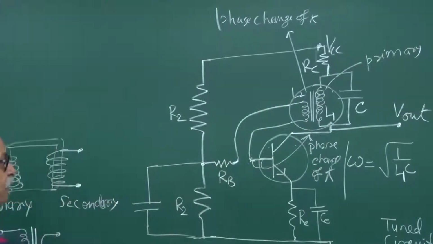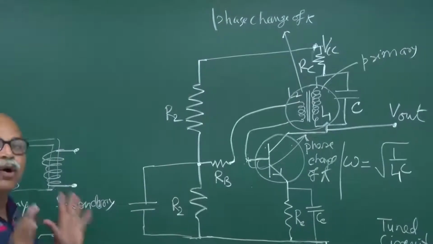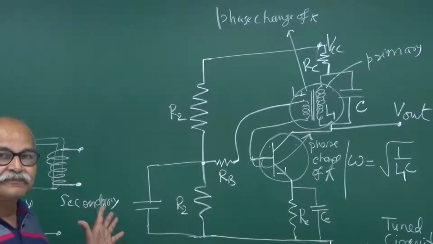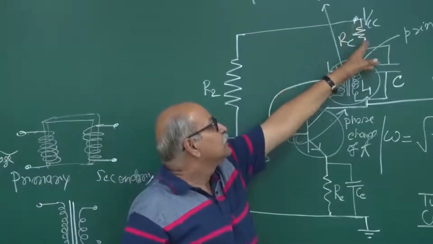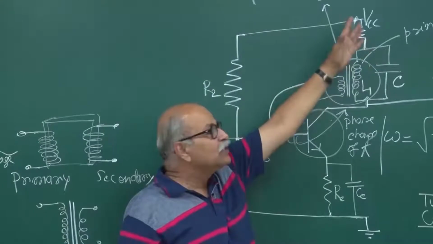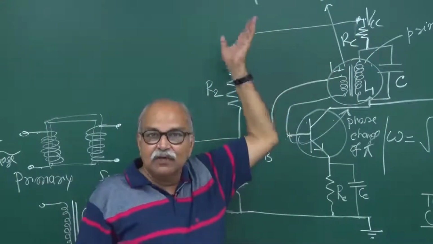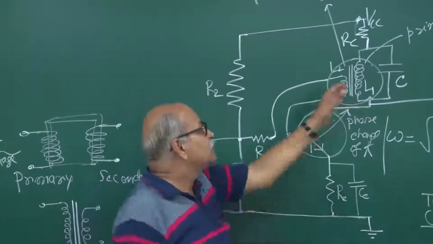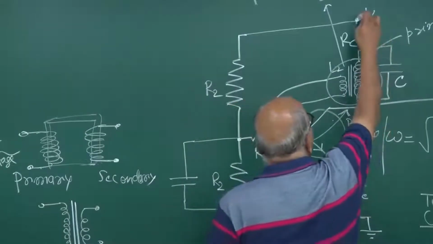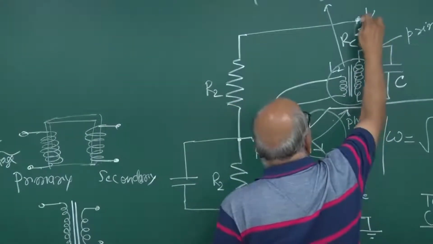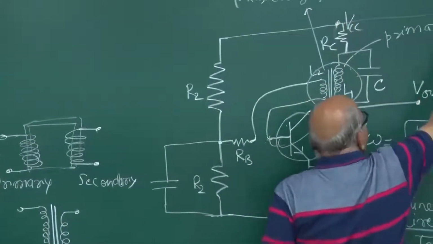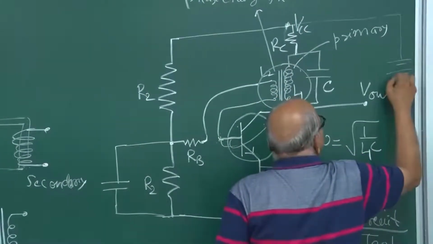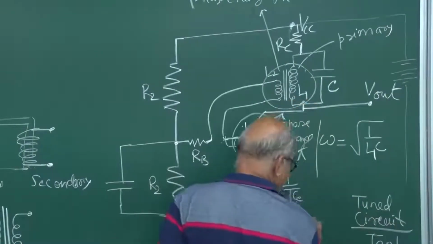So when the circuit is put on for the first time, wherever you have a switch, you can have a switch here. Initially there is no VCC, there is only one battery, so there is no biasing anywhere. If I put a switch here and this VCC is open, that means this VCC, you have a battery out here.